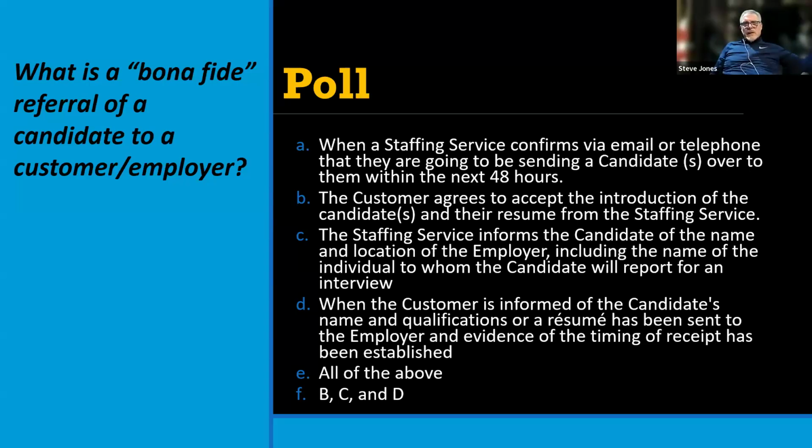C says, candidate, yep, you're allowed to submit my resume. D says, yeah, we got it. We got the resume. We're in receipt of it, and you're the first. You've got priority. Nobody else has sent it before. And so the answer is B, C, and D.